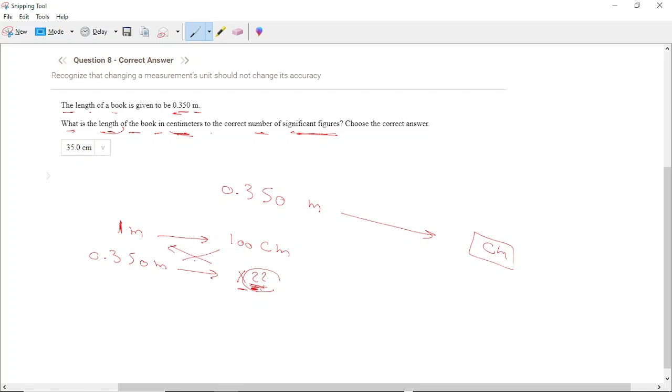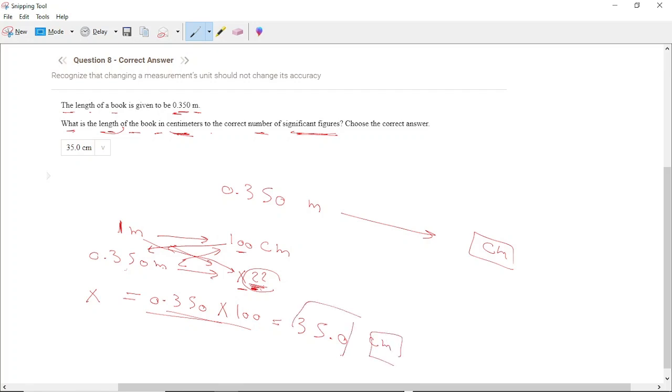So 1 multiplied by x equals 0.350 multiplied by 100 centimeters. Making the multiplication, 0.350 multiplied by 100 is equal to 35.0 centimeters.